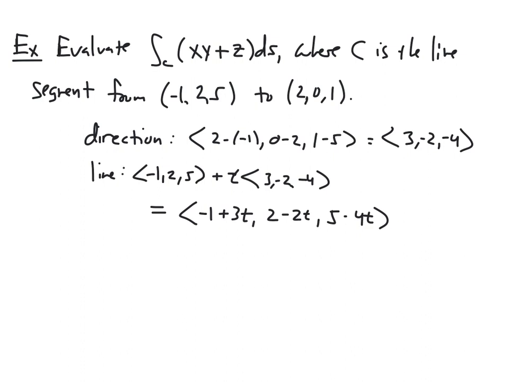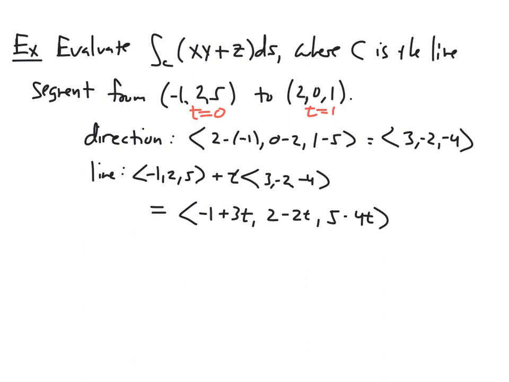However, we only want the line segment. Now notice with this particular parameterization that when t is equal to 0, we're at our starting point. We get -1, 2, and 5. And because of how we defined our direction vector, if we take t to equal 1, we will get the point 2, 0, 1.